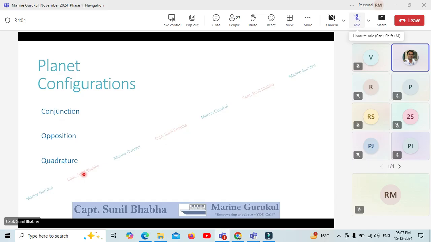They basically tell us about the position of a planet with respect to the sun. Let us now understand all these three configurations with the help of a diagram.